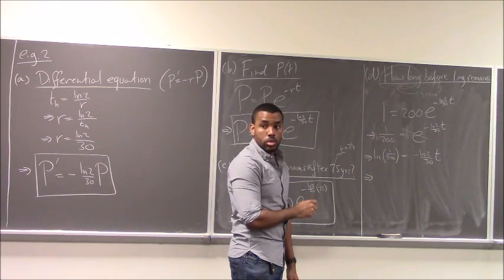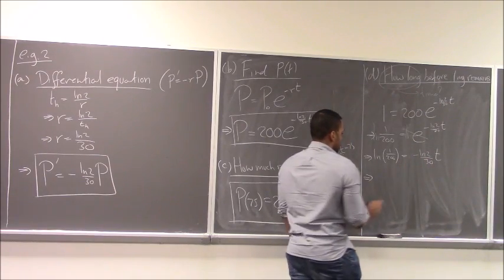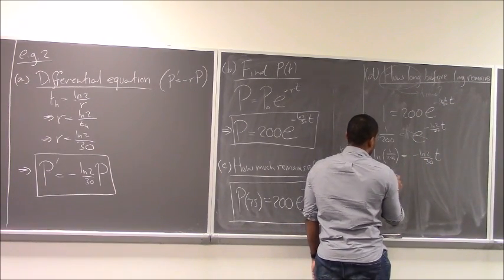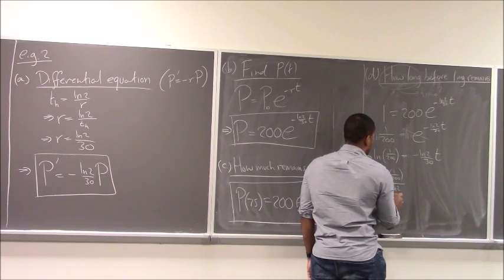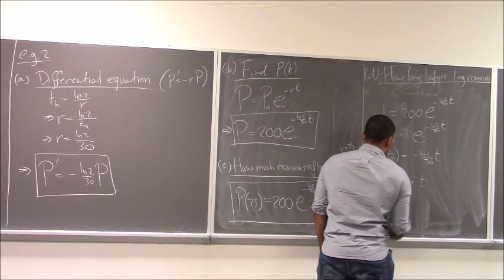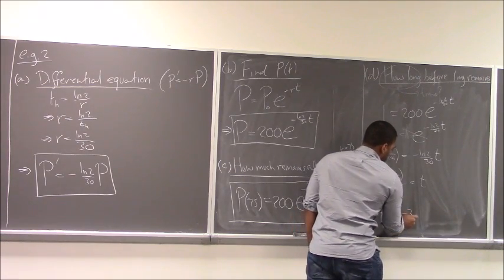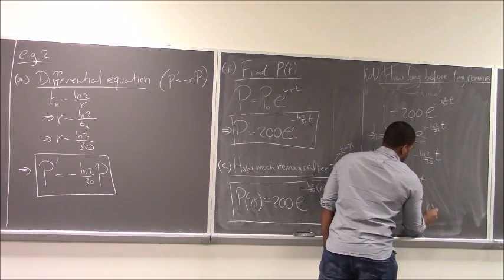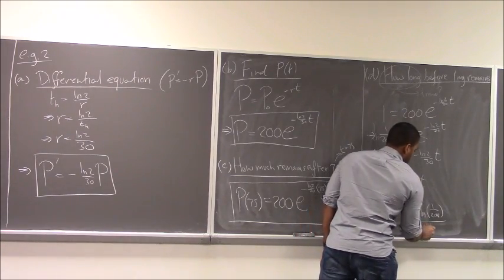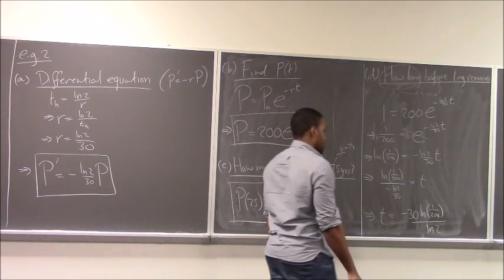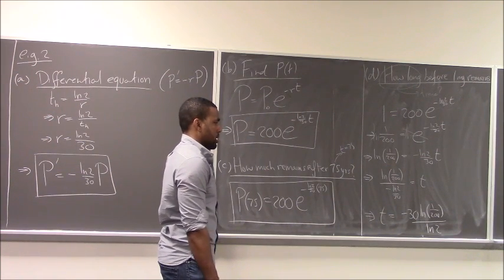You move the negative ln and divide by that guy. So ln of 1 over 200 over minus ln 2 over 30. Or I can say my t is equal to minus 30 ln of 1 over 200 over ln 2. Is that a negative time? Does that make sense?